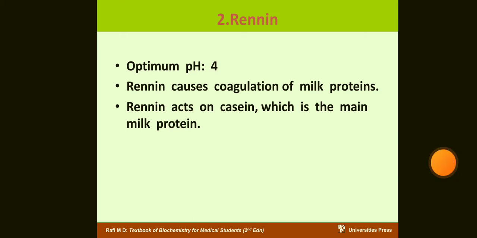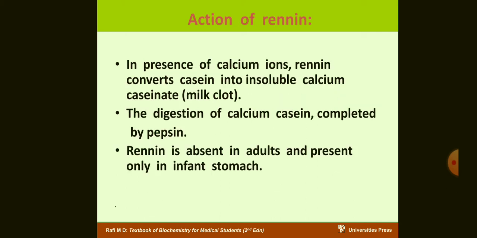Renin, the second enzyme in the gastric juice which acts on protein. The optimum pH for renin is again acidic, about 4. Renin causes coagulation of milk proteins. Renin acts on casein, which is the main milk protein. In the presence of calcium ions, renin converts casein into insoluble calcium caseinate, which we call milk clot.